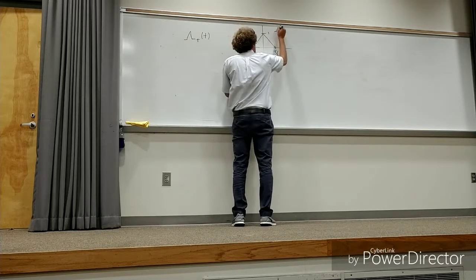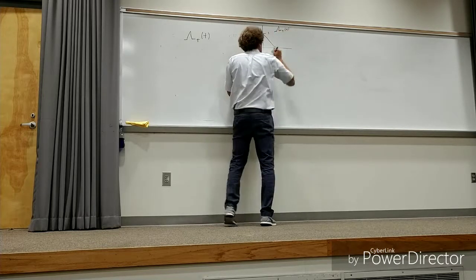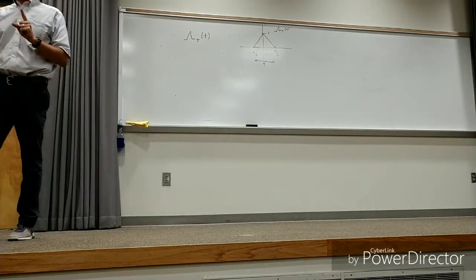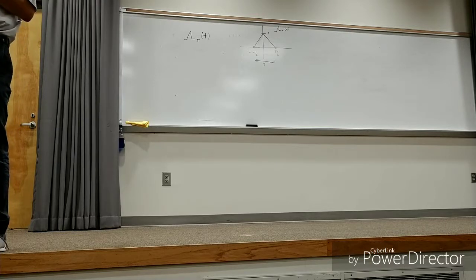And this is the symbol for this, the triangle function T of tau. It's just a triangle. You'll notice the width itself is what? The width is tau. Y'all follow me?